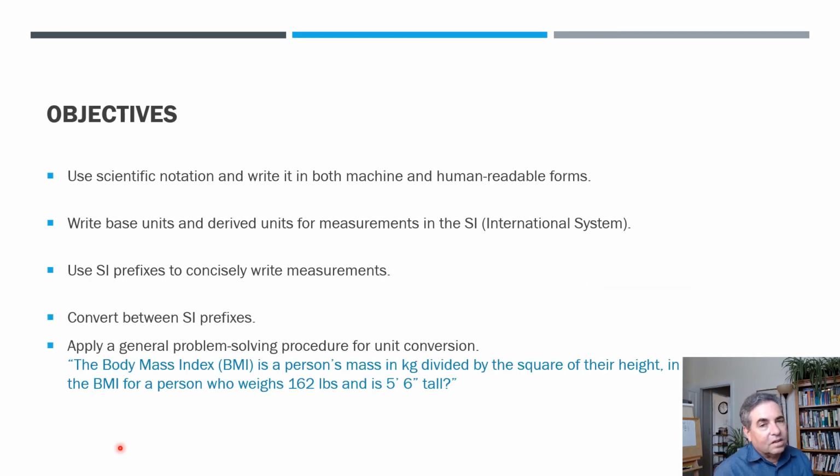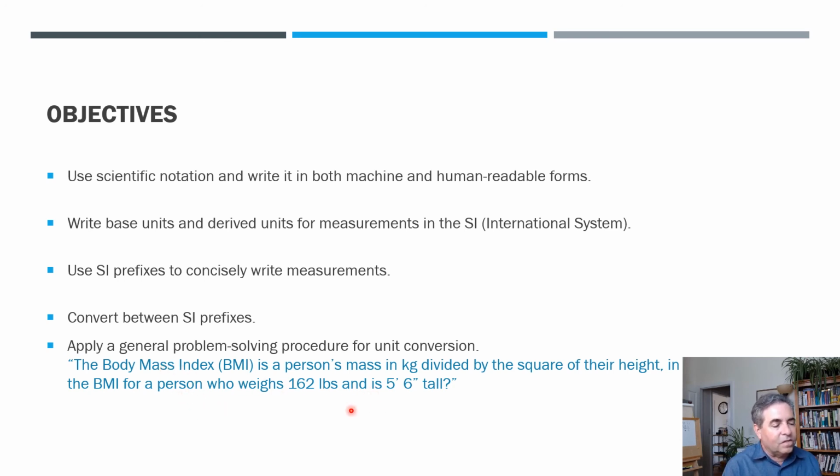Finally, we're going to take this unit conversion recipe that we are using and generalize it and see that you can solve a lot more types of problems than just swapping SI prefixes from one measurement to another.